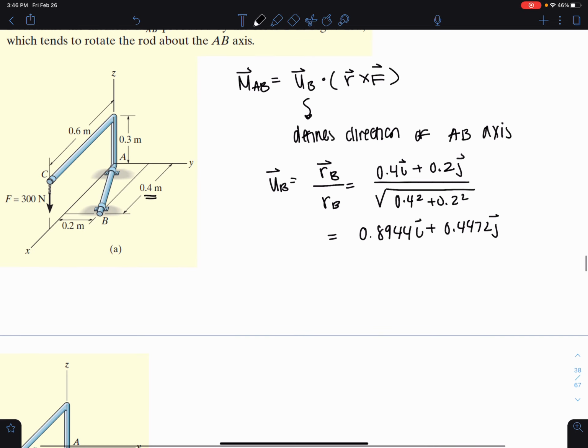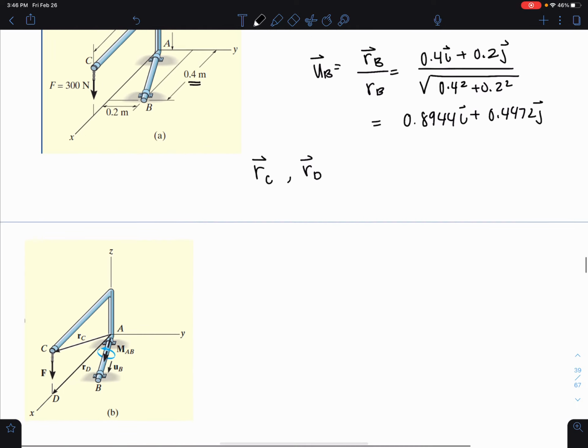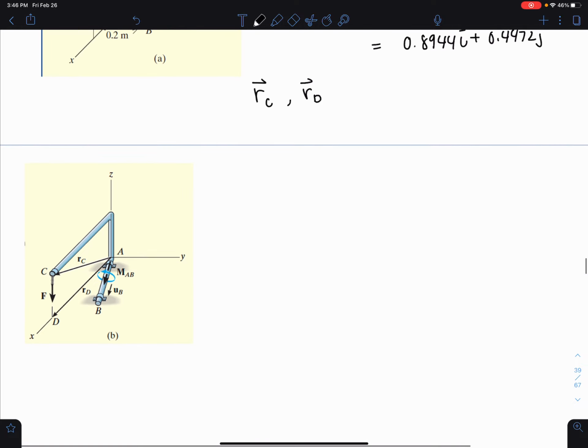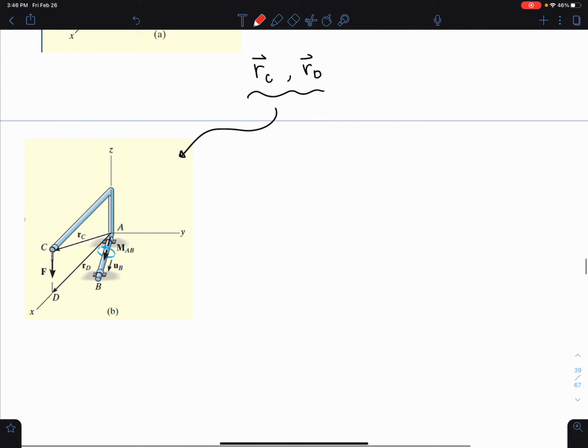So what I mean by that, let's look at the position vectors RC and RD, for example, down here. Here is the line of action of the force, and this RC position vector is a possibility that we can use.